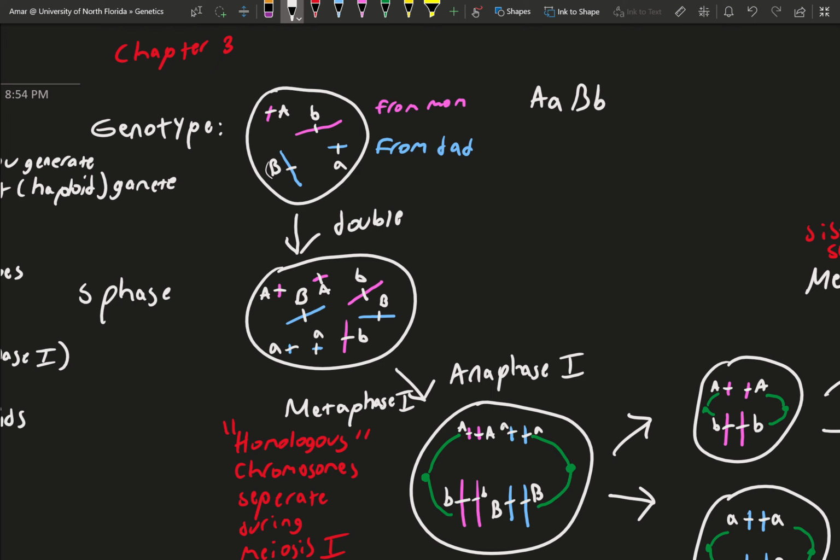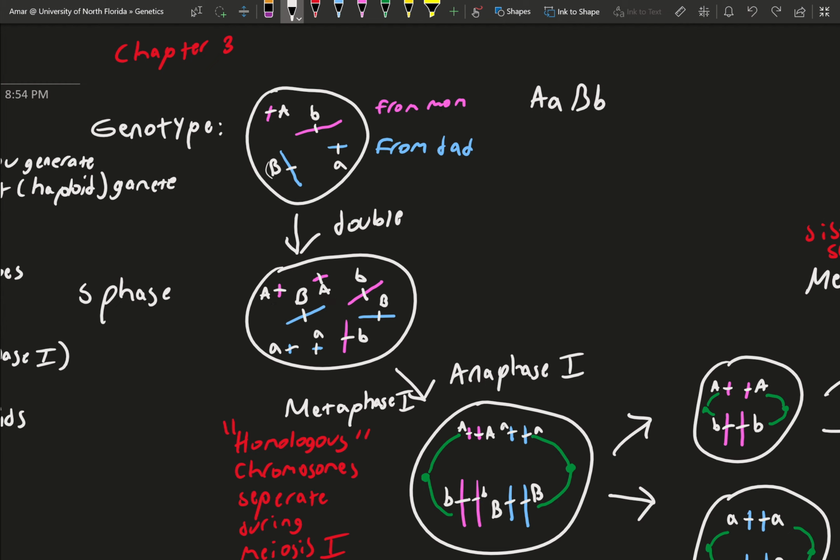So for example, a sister chromatid will be these two little a's, or these two big A's that come from mom. Those will be sister chromatids. Okay?